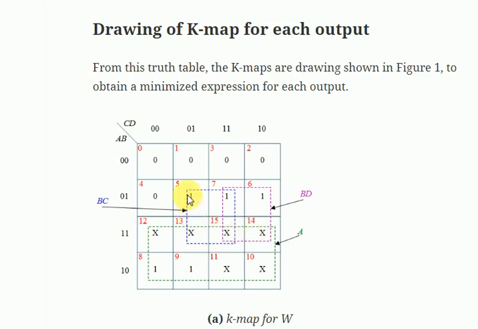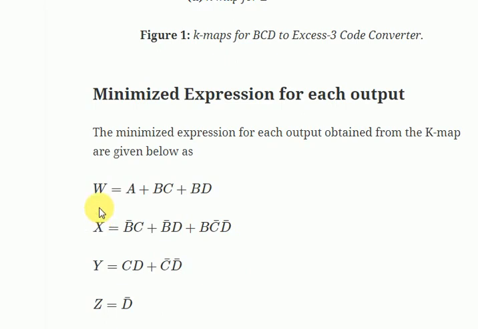Solving the first quad, we get BC. Solving the second quad, we get BD. Solving the octet, we get A. So W is equal to A plus BC plus BD.